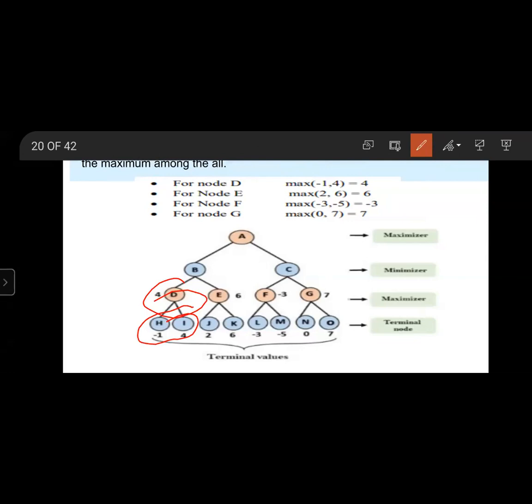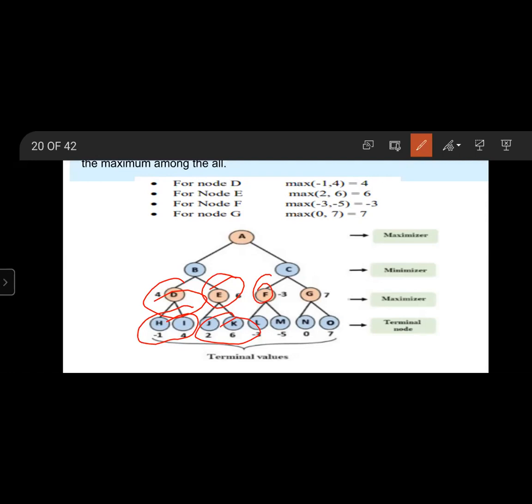Next, for node E, maximum of 2, 6. See the diagram. What is the maximum value? Equal to 6. And next for node F, the maximum of -3, -5.